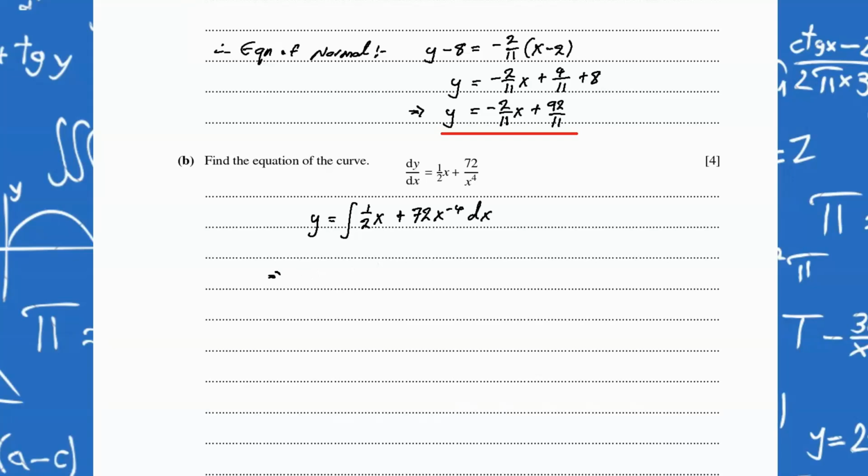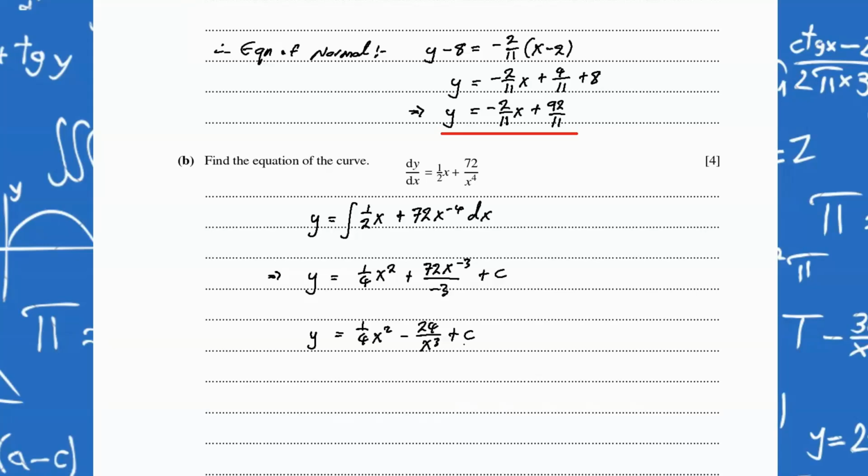Integrating this, we get y being a quarter of x squared, and integrating this, we have plus 72 of x to the minus 4 plus 1, which is minus 3, over minus 3, plus c. So y is equal to a quarter x squared minus 24 over x cubed plus c.